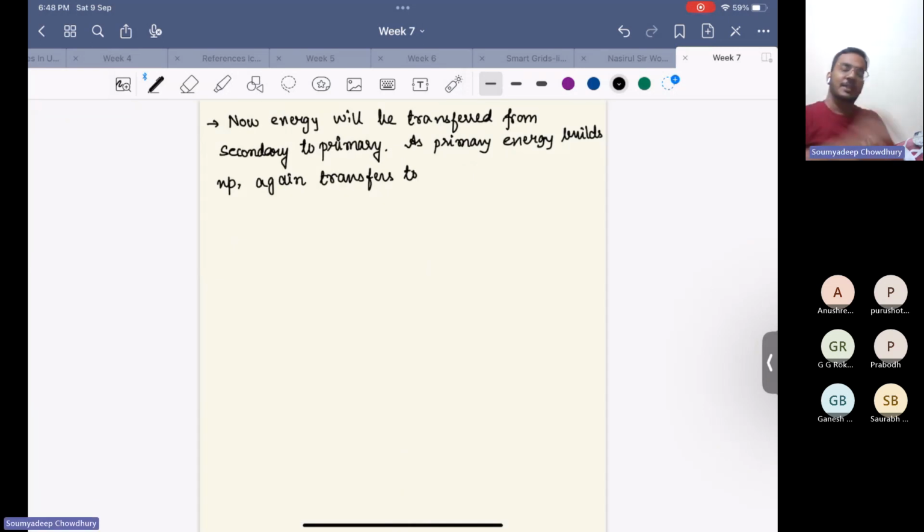Now again, since there is an imbalance of energy between the primary and secondary, energy will be transferred again from secondary to primary. And now primary energy will again build up and it will again transfer to secondary. And this energy transformation cycle continues. Is this clear?